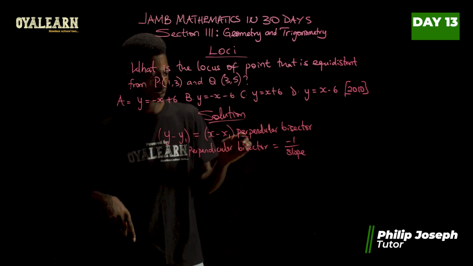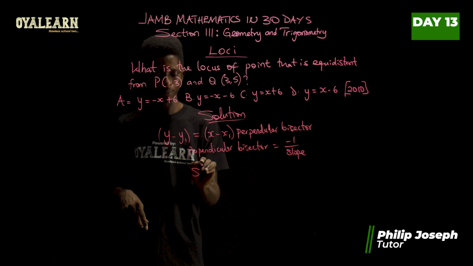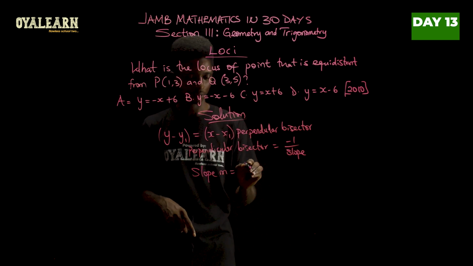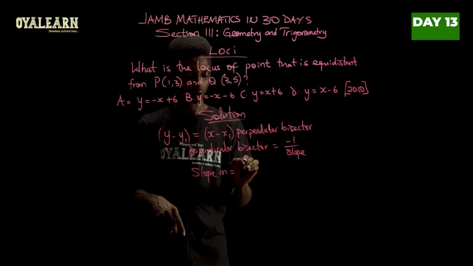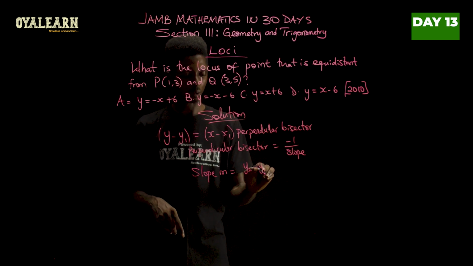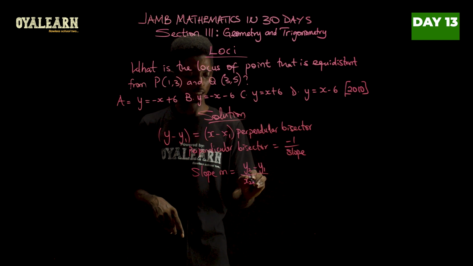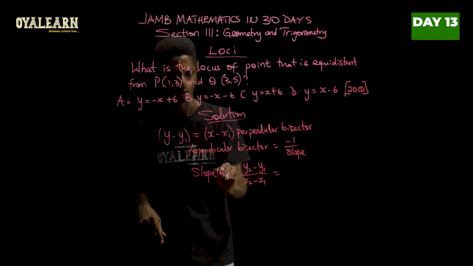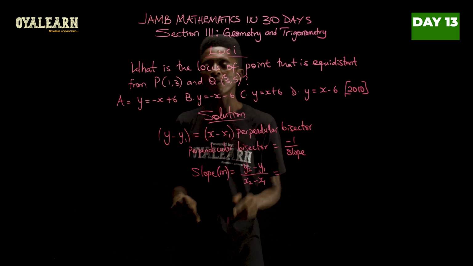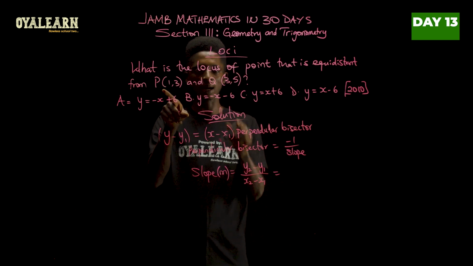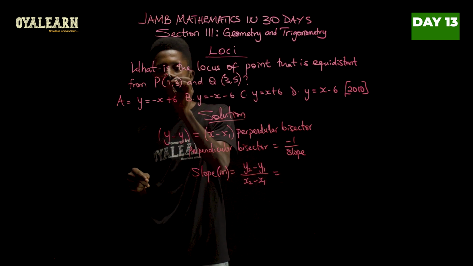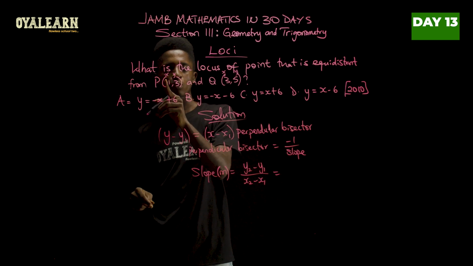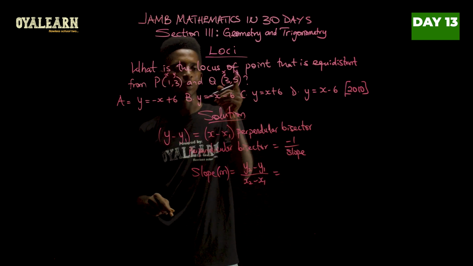Now, working with this, our slope m will therefore be y2 minus y1 over x2 minus x1. Now, having this now, we then go on to our coordinates. Remember, this is x, this is y, this is x, this is y. So this will be x1, x2, y1, y2.